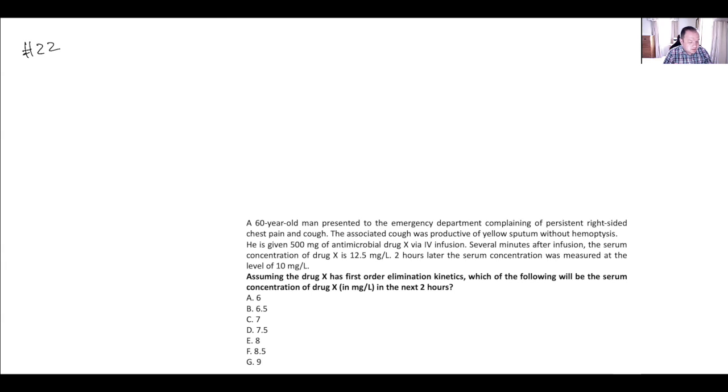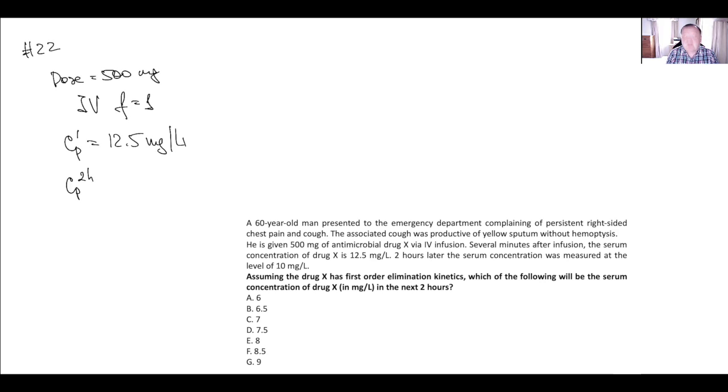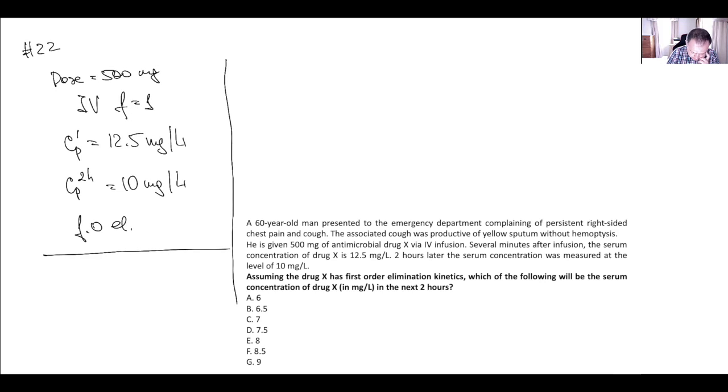So what we have here, we have 500 milligram IV, so bioavailability is 1. Plasma concentration 12.5 milligrams per liter. Plasma concentration after 2 hours 10 milligrams per liter. Assuming the drug has first order elimination, which of the following will be the serum concentration of drug X in the next 2 hours?